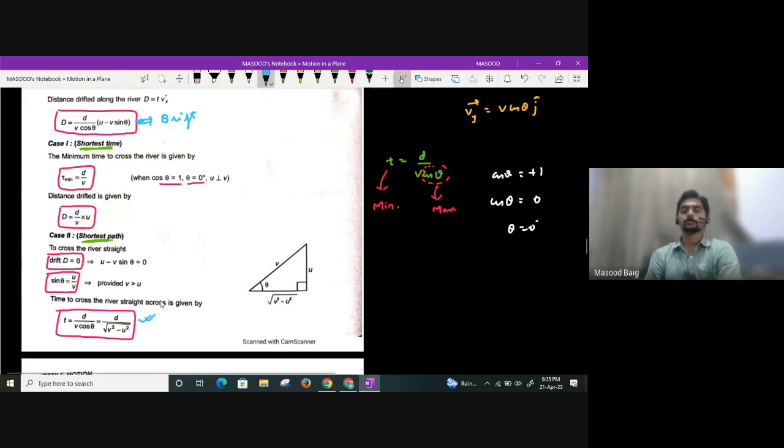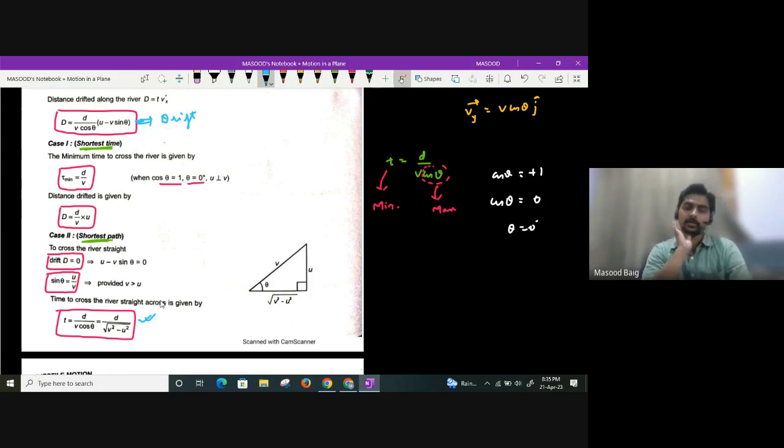Very important cases. In the first case, what is the time taken to cross the river generally? D by v cos theta. What is the drift, beta? Again, it is u minus v sin theta into the time of crossing, which is d by v cos theta. Two cases are there. One is shortest time, other is shortest path. Shortest time means cos theta value should be maximum, meaning our entire velocity should be along the vertical only.